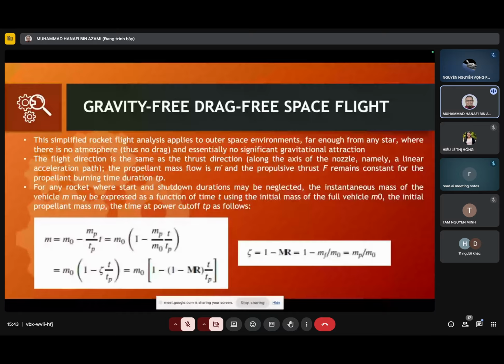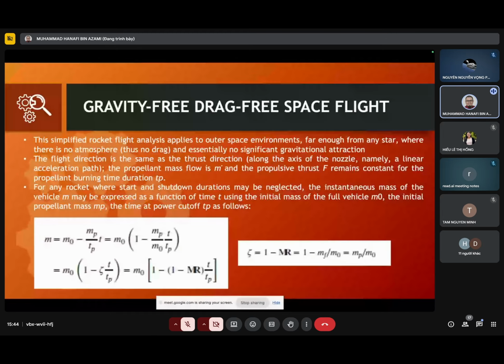Design condition is where exit pressure equals ambient pressure. When we designed the nozzle in the previous chapter, we assumed that exit pressure equals ambient pressure. Exit pressure means the pressure at the nozzle exit must equal the ambient pressure. This is how we design a nozzle. We call this an ideal nozzle.